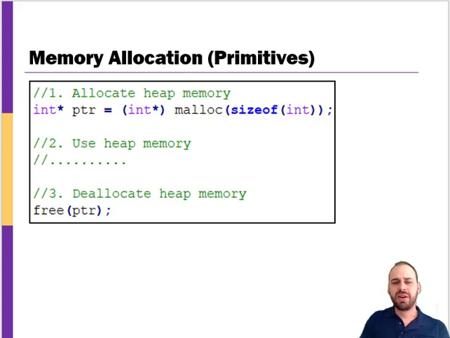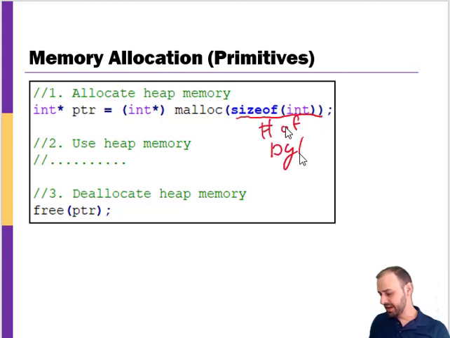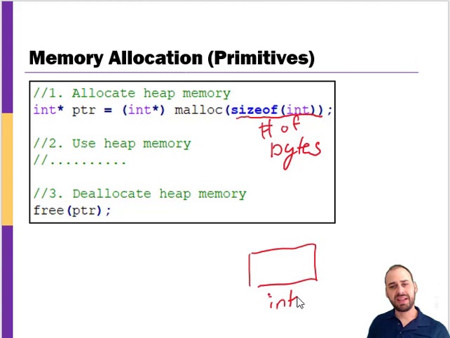Okay, so we've got this basic example here, just to recap from the previous video, where we're passing the number of bytes into malloc. What we're going to get is space for an integer on the heap.